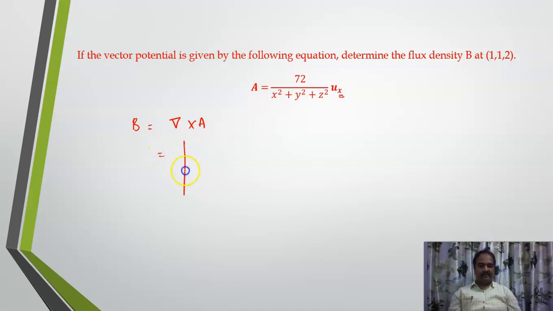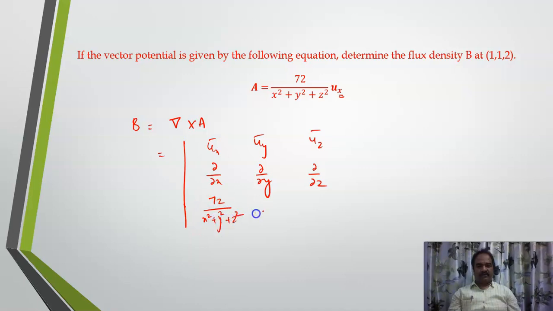So del operator is dou by dou x, dou by dou y, and dou by dou z. And here only x component is present, and it is 72 by x square plus y square plus z square, 0, 0, isn't it?